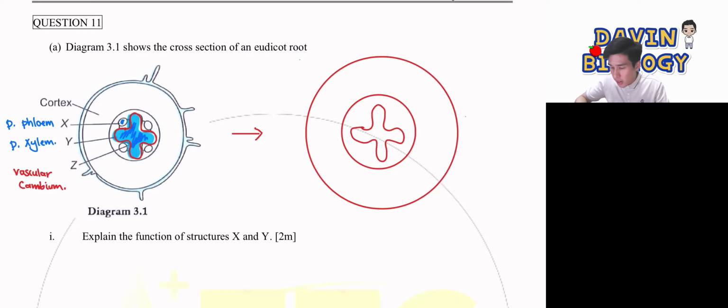So now you have a new layer of tissue here. So that is the secondary xylem. This is the primary xylem. So same, you can see primary will always be further away from the cambium. Primary xylem. Here, secondary xylem.